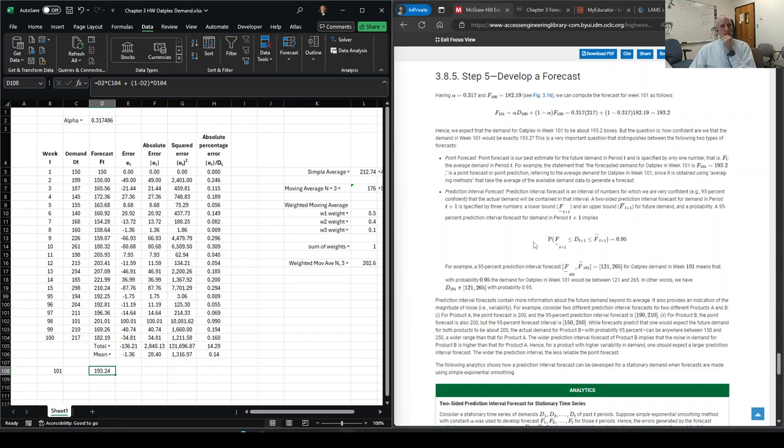Now the question is, what is our prediction interval forecast? The intent here is we want to be 95% confident that the actual demand will be in that interval. A two-sided prediction interval forecast will help us find that out: a lower bound and an upper bound.